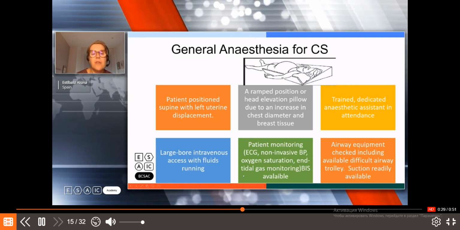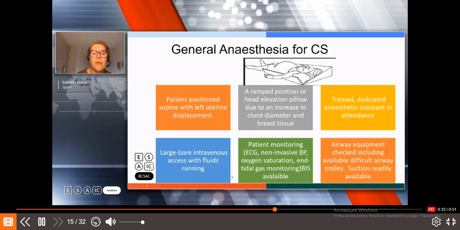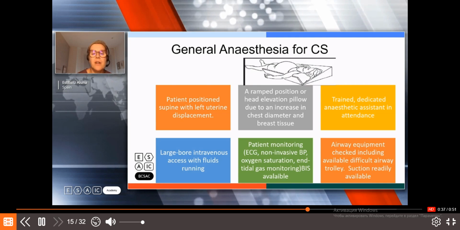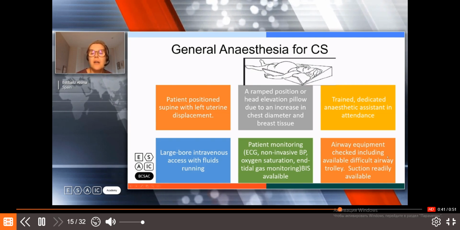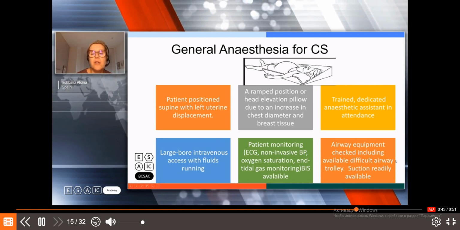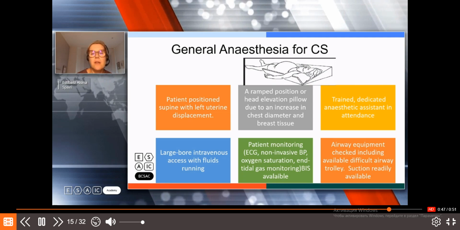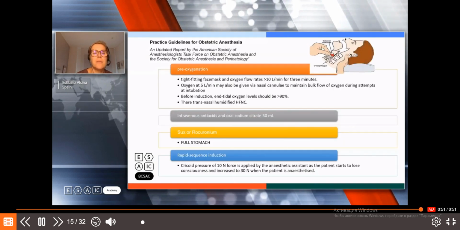We have to use a large bore intravenous access for administration of fluids and phenylephrine. We have to completely monitor the mother, and the airway equipment should include a difficult airway trolley, because mothers can be difficult to intubate.